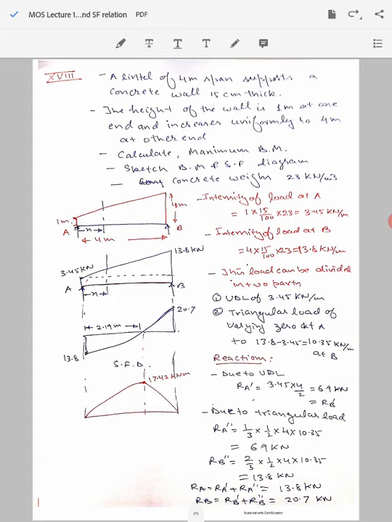Now because of these loads, we need to find the reaction, because without the reaction we can't calculate the shear force. So let's start finding the reaction. First let's take the case of UDL.